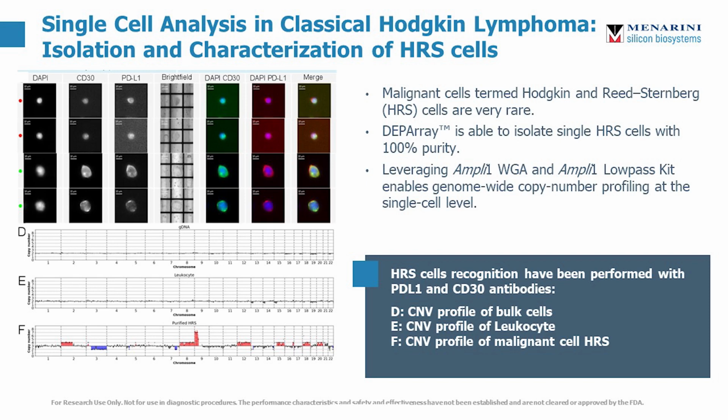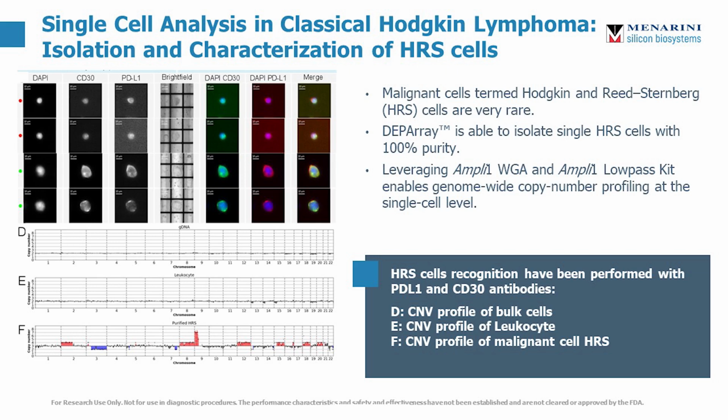So trying to understand the mutations that are driving it by a bulk method in which you're analyzing a sample all at once, you're going to have that same background stromal dilution problem. However, we can use the DEPArray to isolate these cells and get CNV profiles of the healthy tissue and of the extremely rare HRS cells.